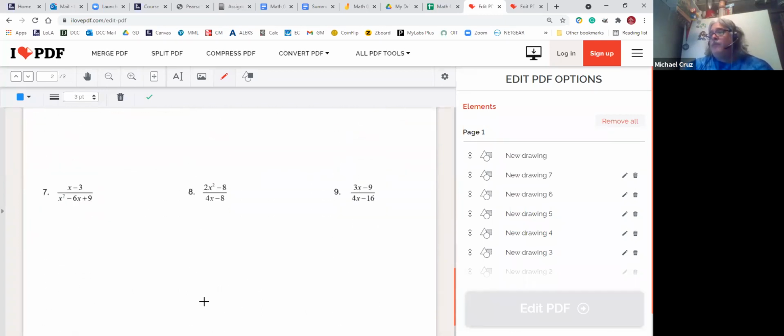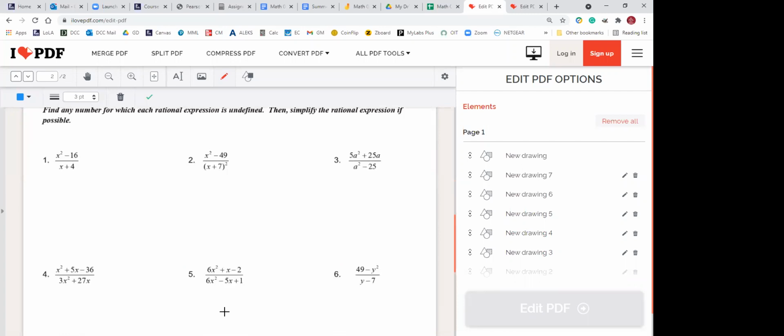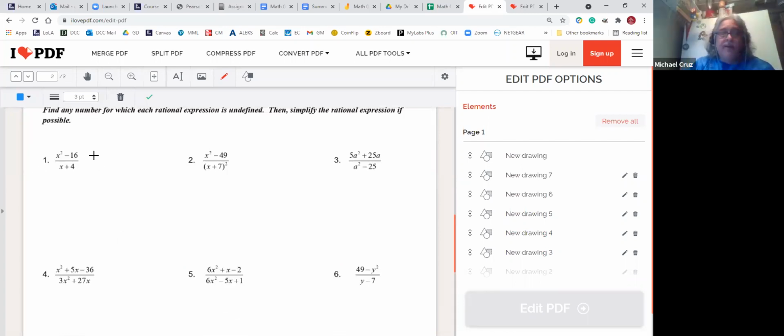So let's just look at these. All right, up here, this one's a little bit easier than the one that was in the example. First of all, looking down here at that denominator, what would make that 0? What would we put in for x to make it 0? The simplest way is to just set it equal to 0.